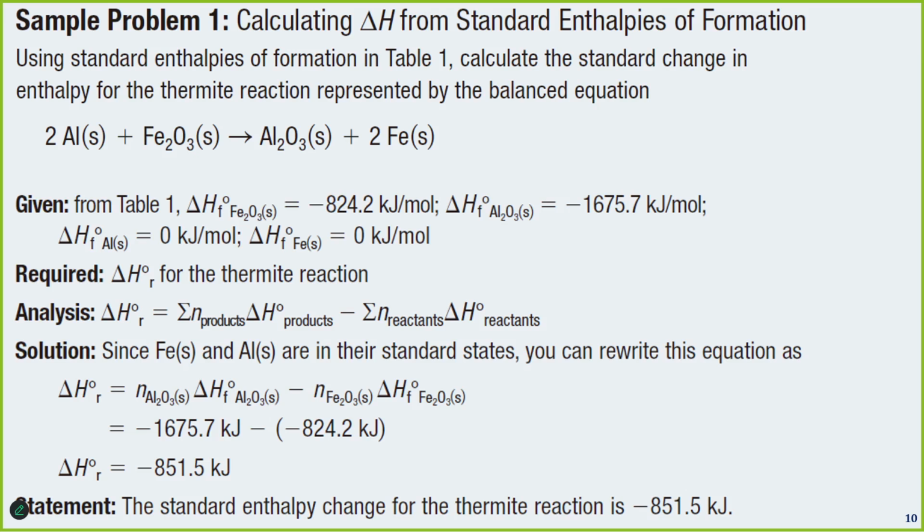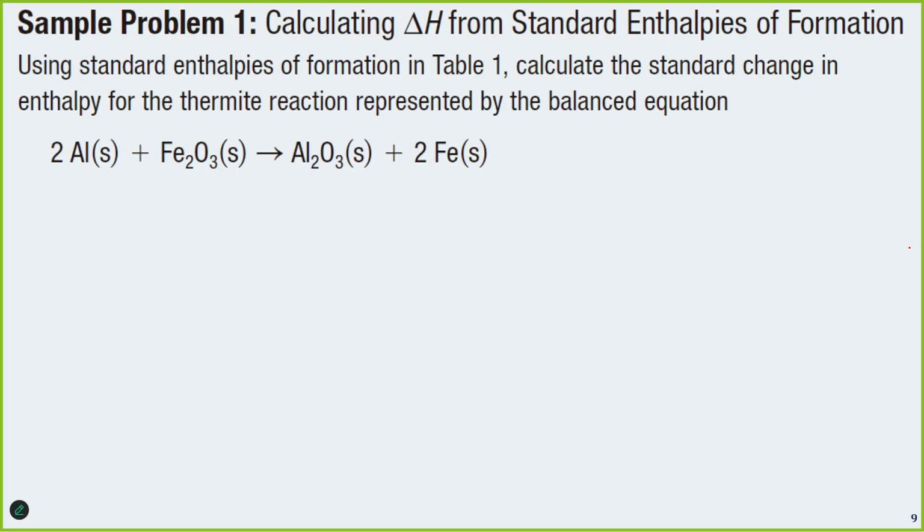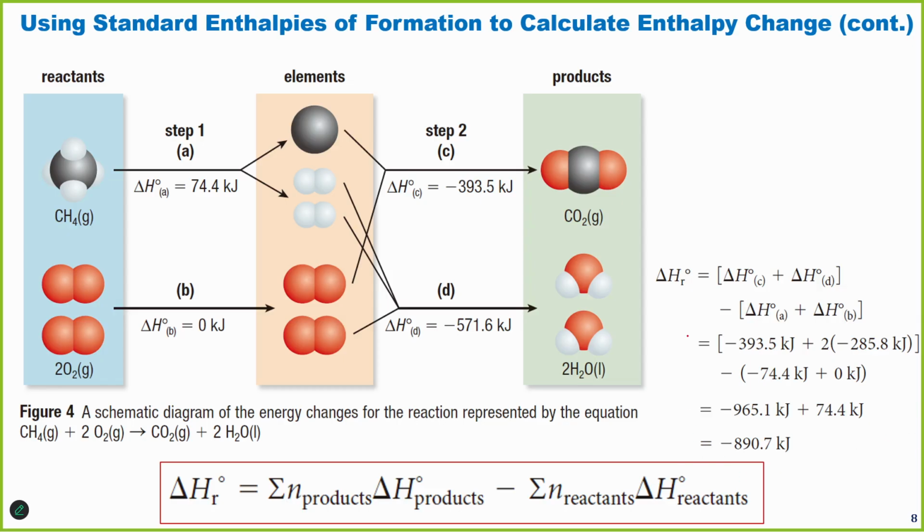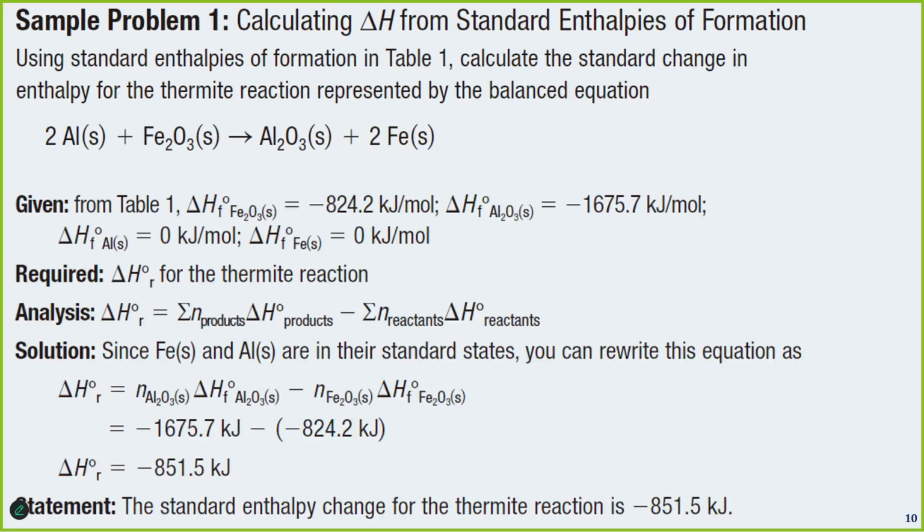Alright, let's have a look at the solution together. So first of all, from Table 1 we can check the standard enthalpy of formation for each of the substances involved, right? And according to this formula on the bottom, we can calculate the standard enthalpy change for the thermite reaction, which is negative 1375.7 kilojoules minus negative 824.2 kilojoules, and the final result is negative 851.5 kilojoules.